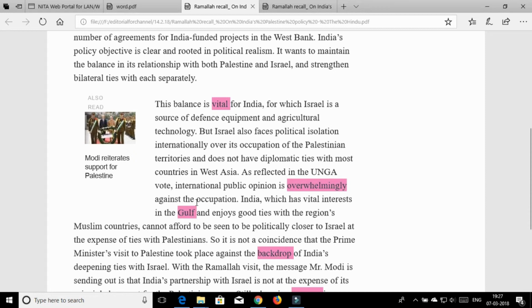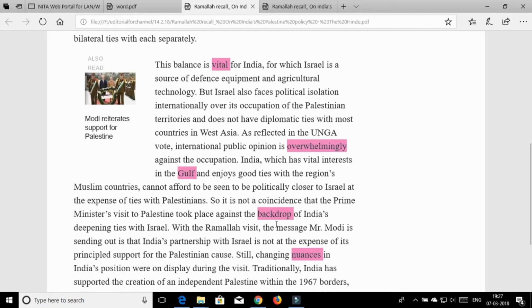Next word is backdrop. Backdrop, I already told you, is a poster or something in the background of a stage, but here the meaning of it is the past historical events. So it is not a coincidence that the Prime Minister's visit to Palestine took place against the backdrop of India's deepening ties with Israel.